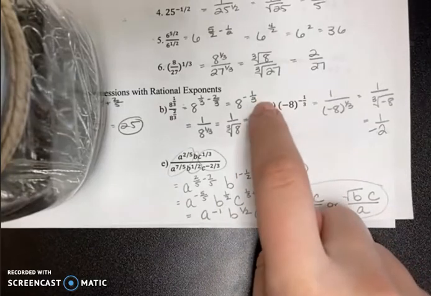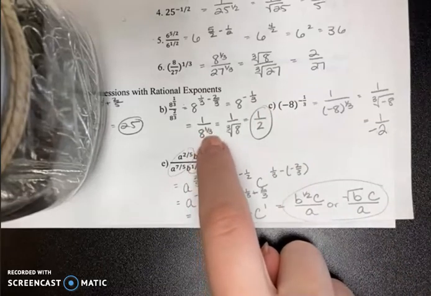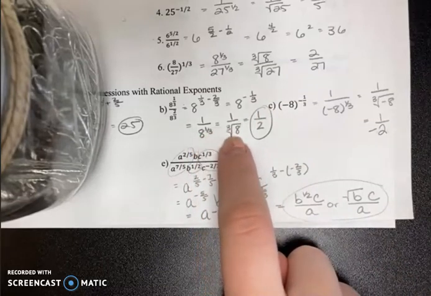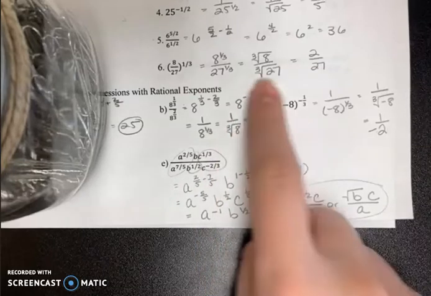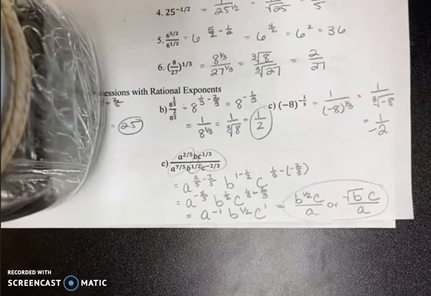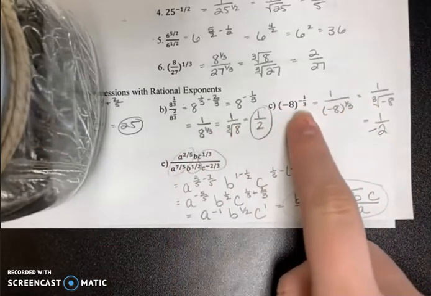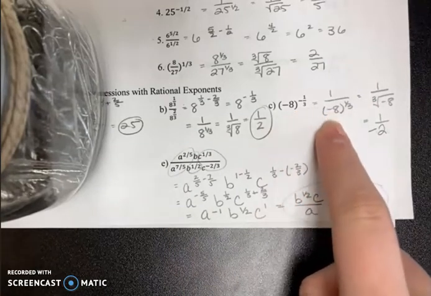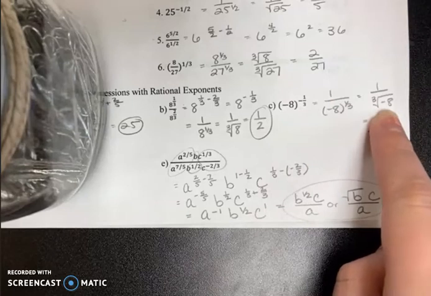A negative exponent means we have to move it, so from the numerator to the denominator, and I know that 1/3 is equivalent to the cube root. So the cube root of 8 is 2, meaning your final answer should have been 1/2. C was very similar to B, except that we ended up with 1 over negative 8 to the 1/3 power, or the cube root of negative 8.